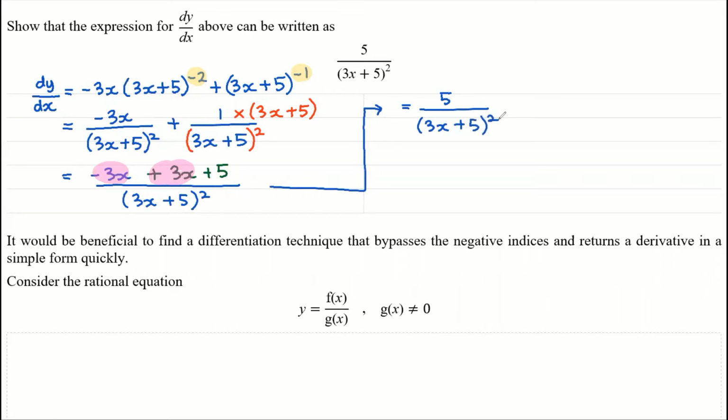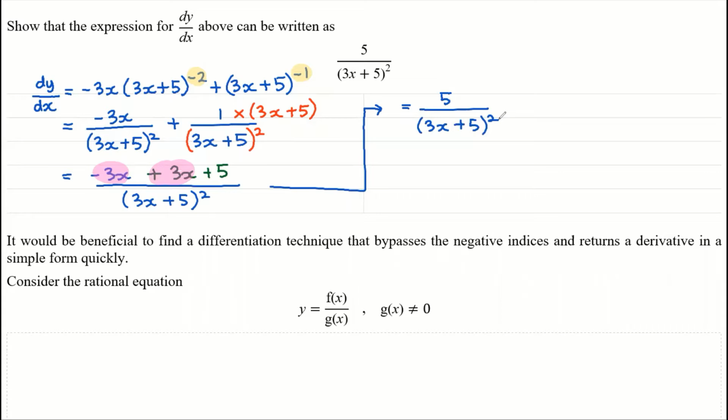Now, I've chosen this example for a particular reason. This is, of course, the gradient function of the curve that we were presented with. And you can make some inferences about this. Now, you could be asked to find stationary points. Now, this one has no stationary points.